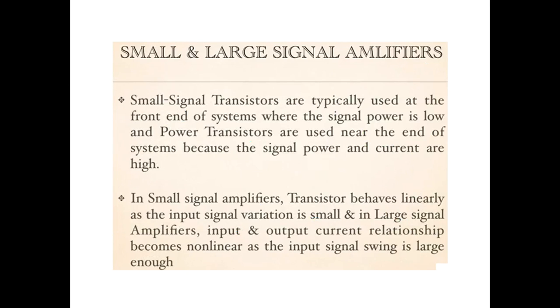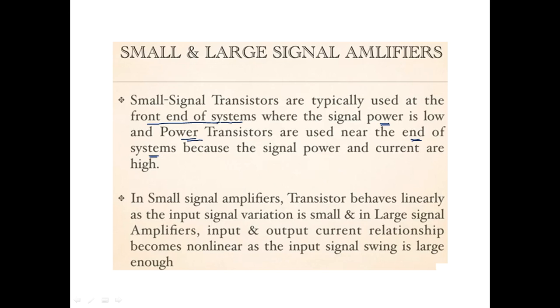Small signal transistors are typically used at the front end of systems, a very important point, where the signal power is low, whereas power transistors are used near the end of any communication system, because the signal power and the current are high.